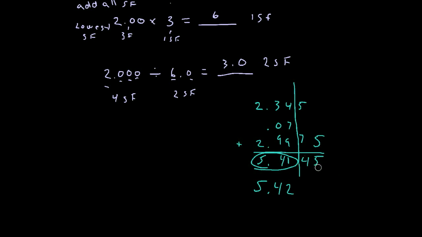We would not round this 5. We wouldn't say, well, this 5 will round this 4 to a 5, and then that 5 will round the 1 to a 2. You're not going to go that far. Just this number right here is as far as you're going to go on your rounding. So if that's 5 or greater, you're going to round to the next number.